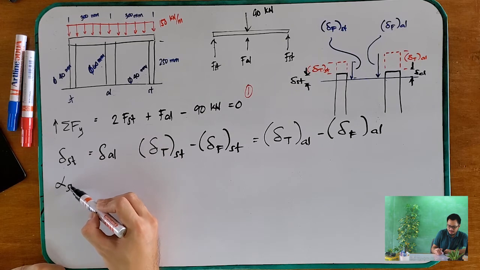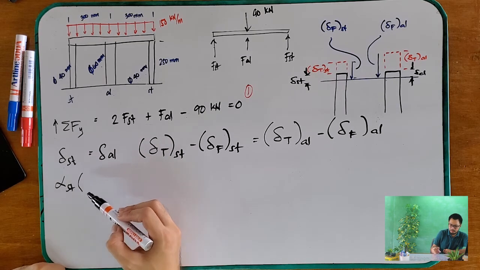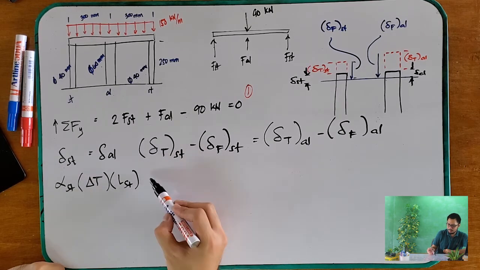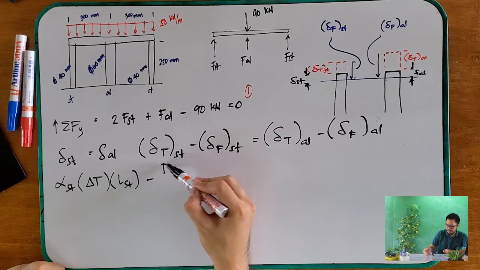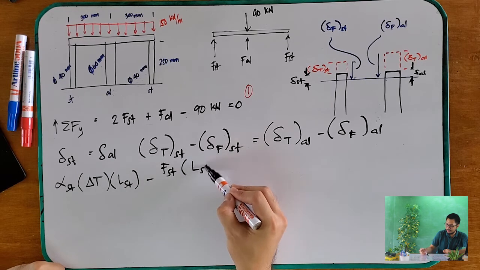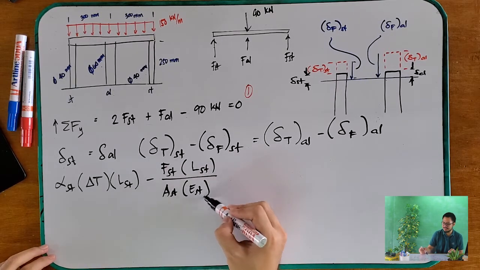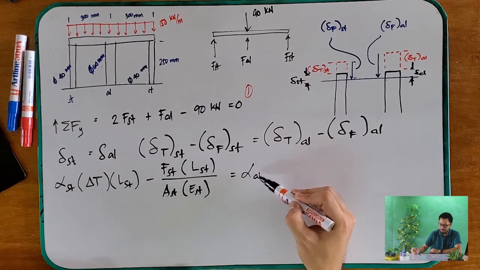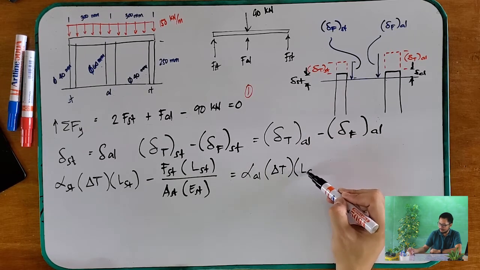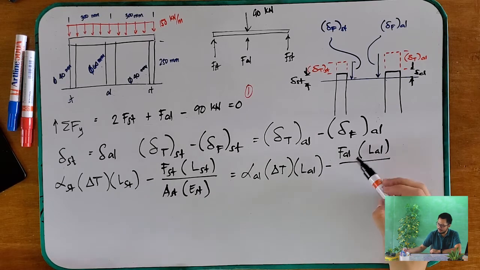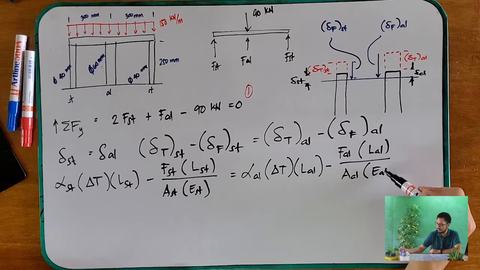This is the formula: alpha times change in temperature times length of steel, minus F steel times L steel over area steel multiplied by modulus of elasticity, equals aluminum change in temperature, length of aluminum minus F aluminum, L aluminum over area aluminum times the aluminum modulus.